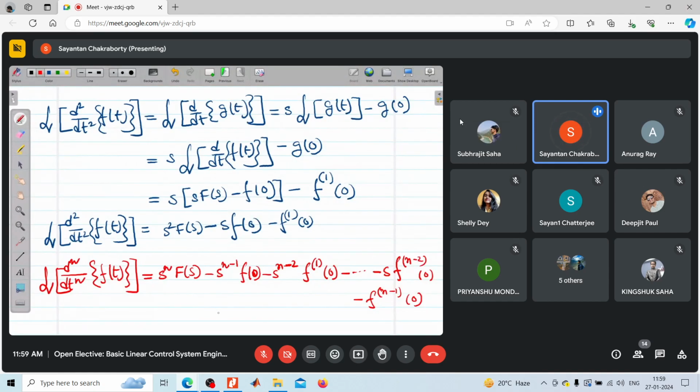Now this f^(n-1)(0), say just for the sake of it, is evaluated at zero. Right? So this is the generic formula. Put any value of n. This is very important because in solving a differential equation, we'll see how this formula comes to our advantage.